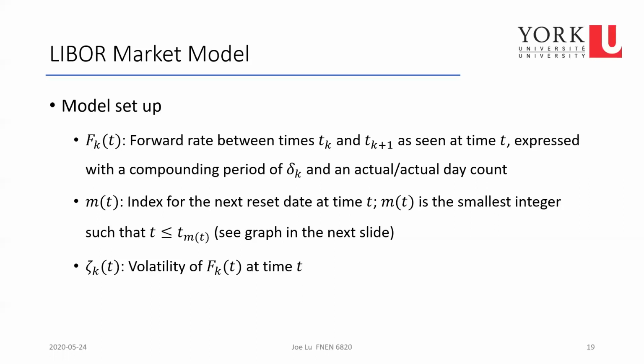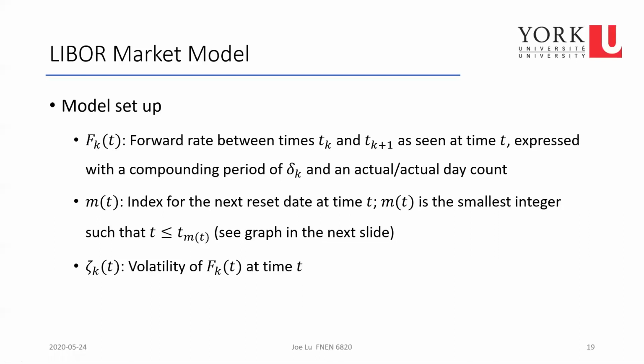Actually, F_2(t), where t is always the current time, and k is in relation to t. So F_2(t) is the 6 month forward rate between 1 year and 1.5 years.